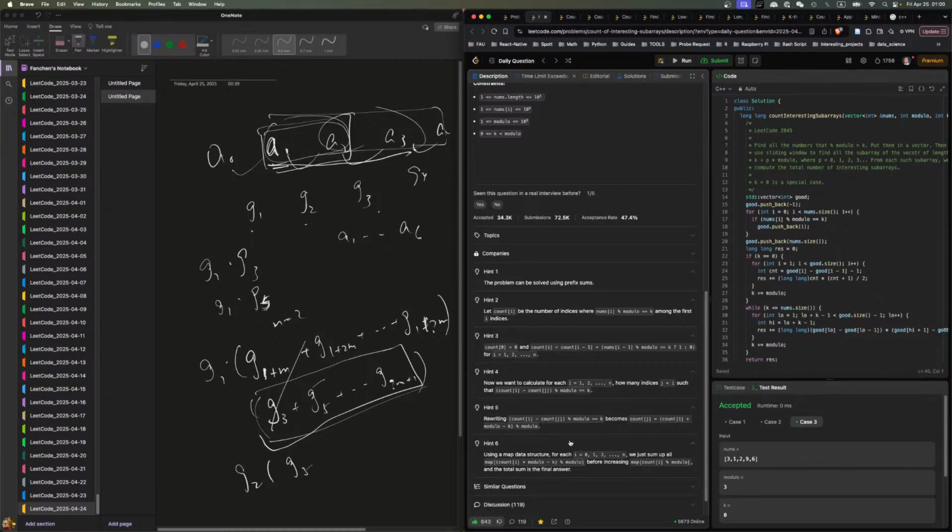Modulo. So hold on, let me wrap my head one more time. So we're at count I, all right? And we can do count I minus k, count I minus k minus modulo, count I minus k minus 2 modulo, right?